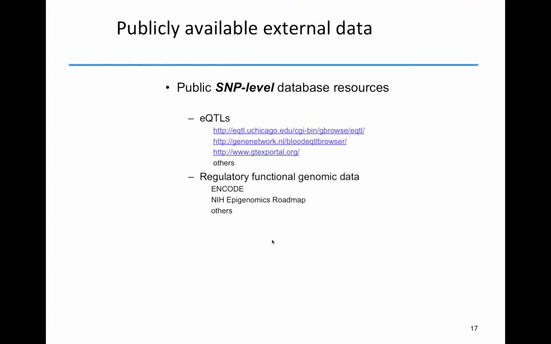So a lot of power potentially to identify eQTLs and either upweight features or focus on putatively functional SNPs as part of feature selection. Other resources as well: the ENCODE and Epigenomics Roadmap projects have those other annotations, DNA hypersensitivity and histone marks, that could be useful as well. Next slide, please.